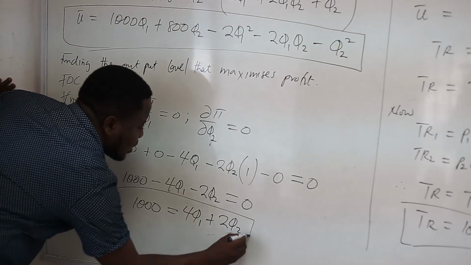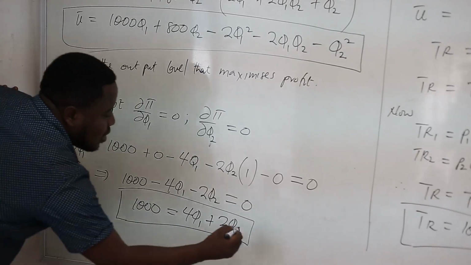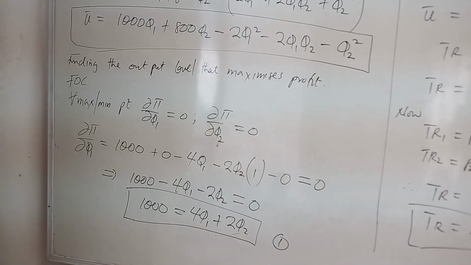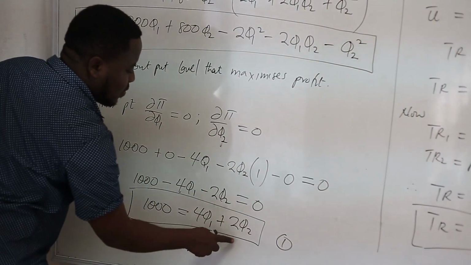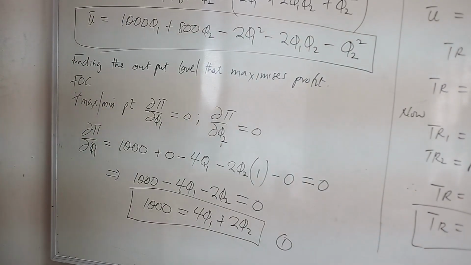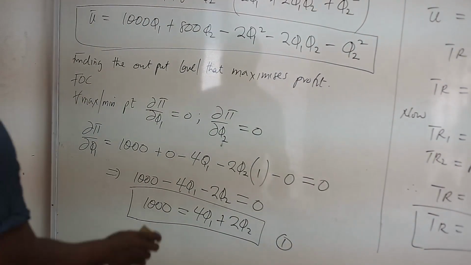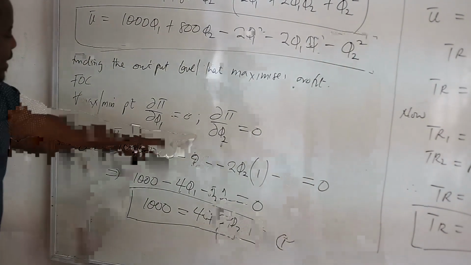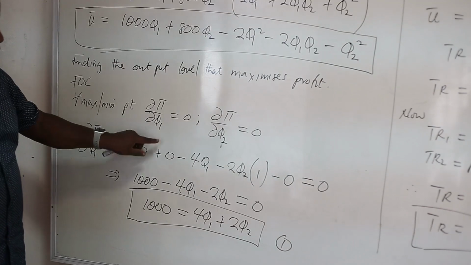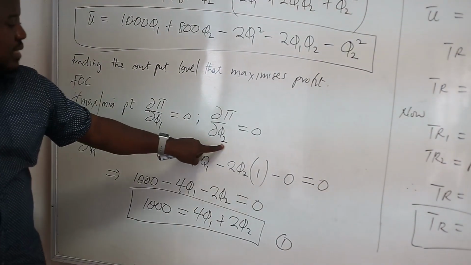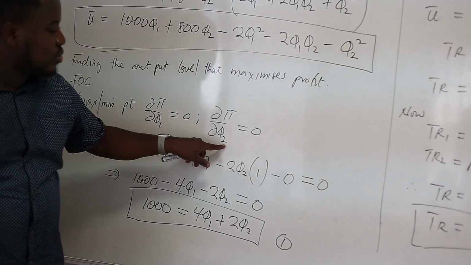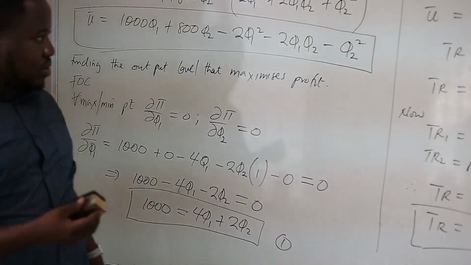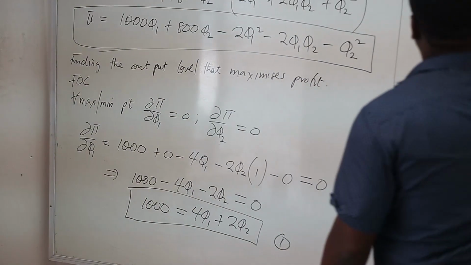And name this equation 1. So we've done just this part. Now you have to do the same thing, differentiating the function again with respect to q2. So I'll do that one here.